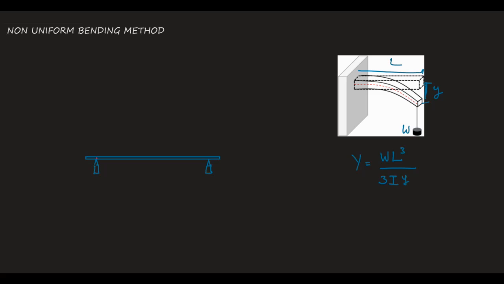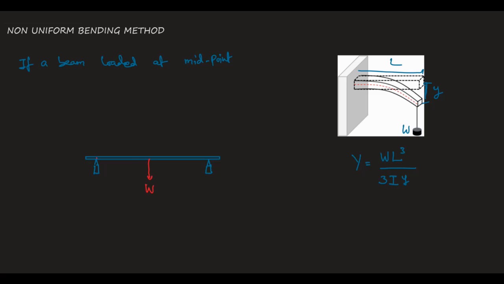Actually, in non-uniform bending, the beam is loaded at the midpoint. If the weight is loaded at the midpoint of the beam, here we are going to add the weight.